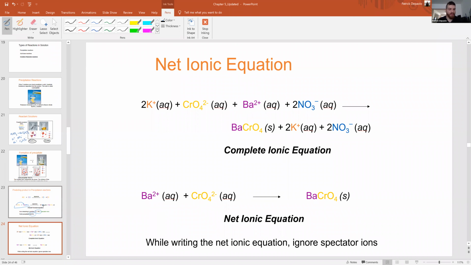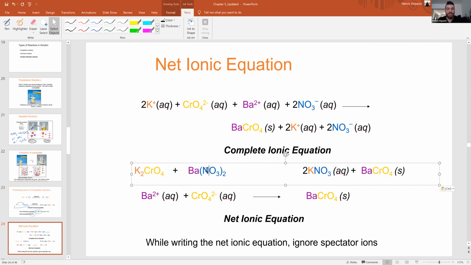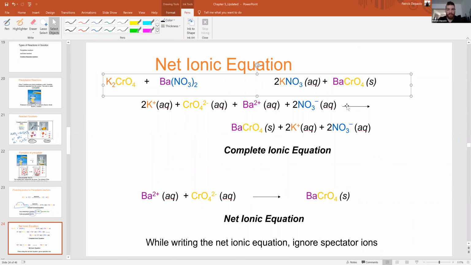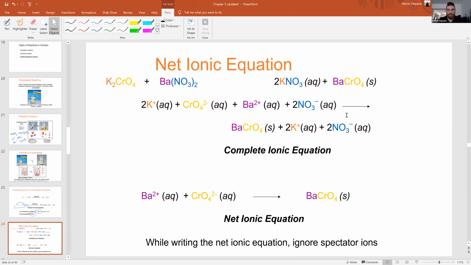The first one is what we call the overall formula equation. The overall formula equation, which is the easiest one, is what you start out with. So that's this one.